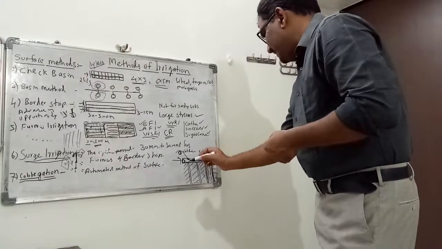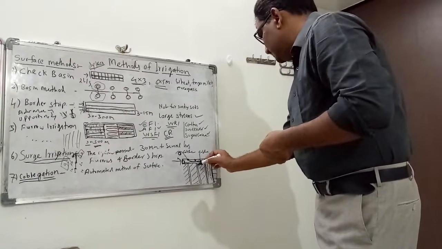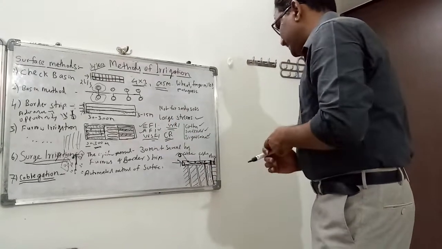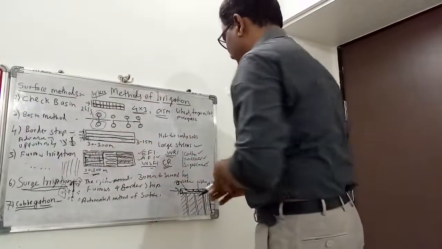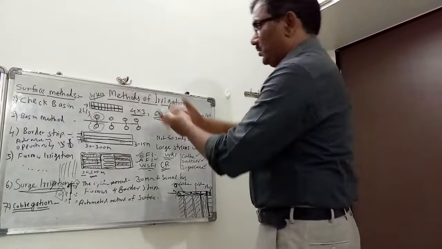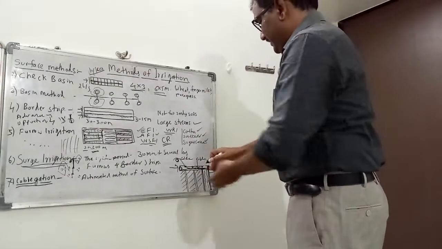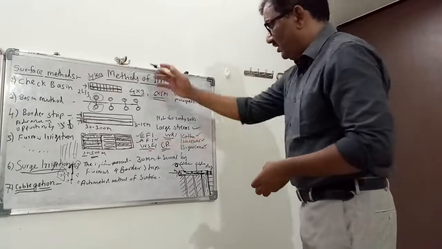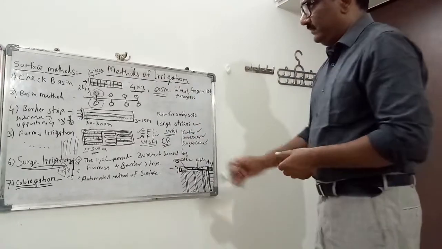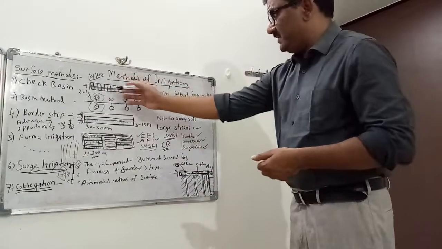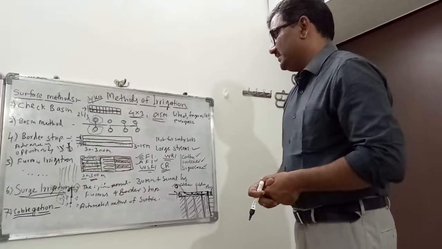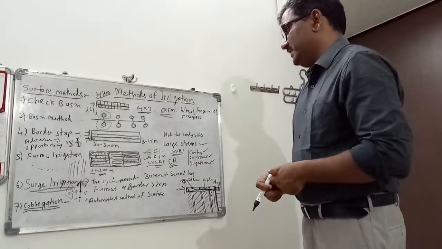So in this application, we can reduce the labor requirement. As we can see, there is labor requirement for application of water; we have to go to every field. In this case, we can reduce the labor requirement. But in all the methods, the labor requirement is more. Also, in check basin, there will be less movement for intercultural operations; they reduce the intercultural operations.